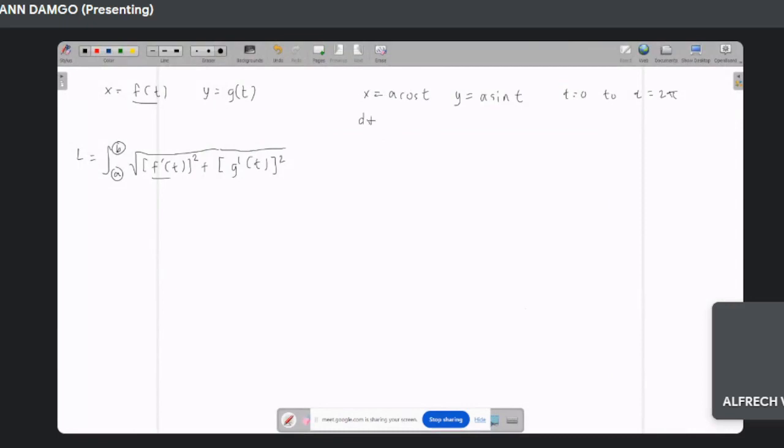So we have dx dt. This is equal to, the derivative of cosine t is negative sign. So we have negative a sine t. For y, we have dy dt is equal to the derivative of a sine t is a cosine t.